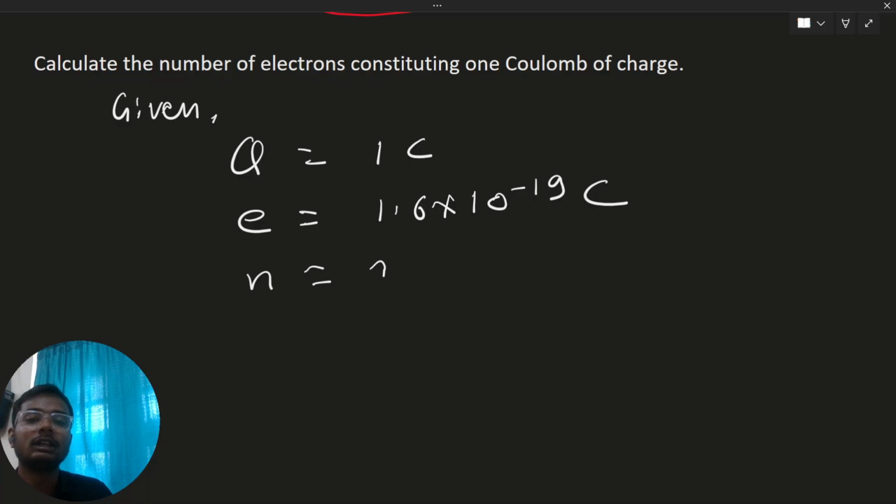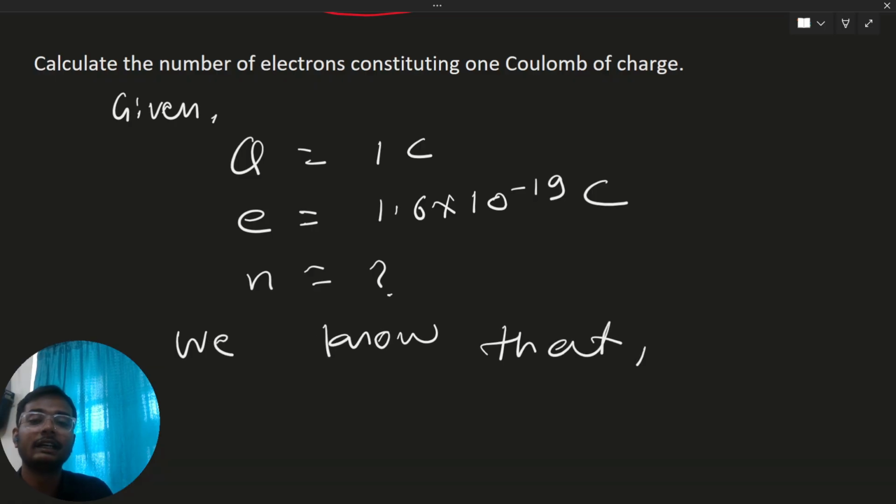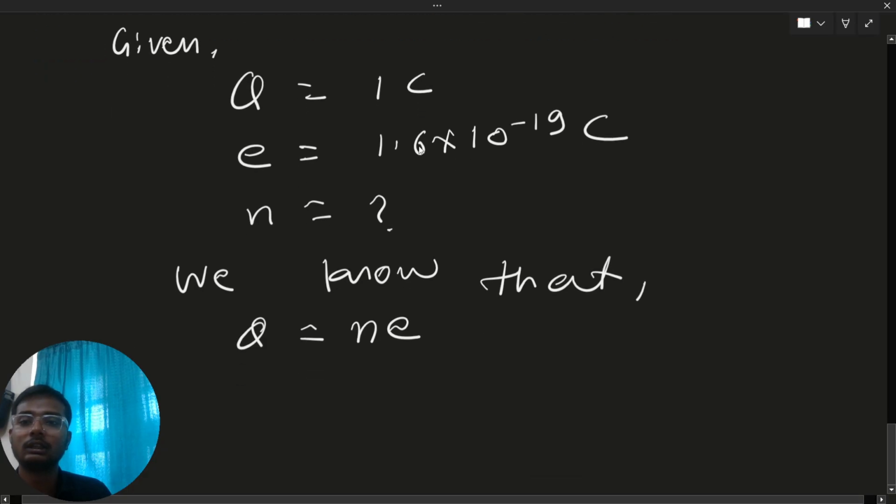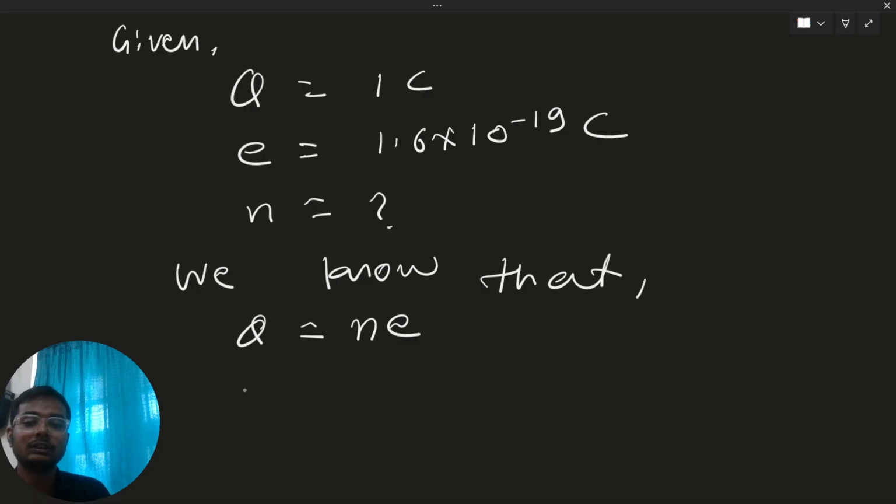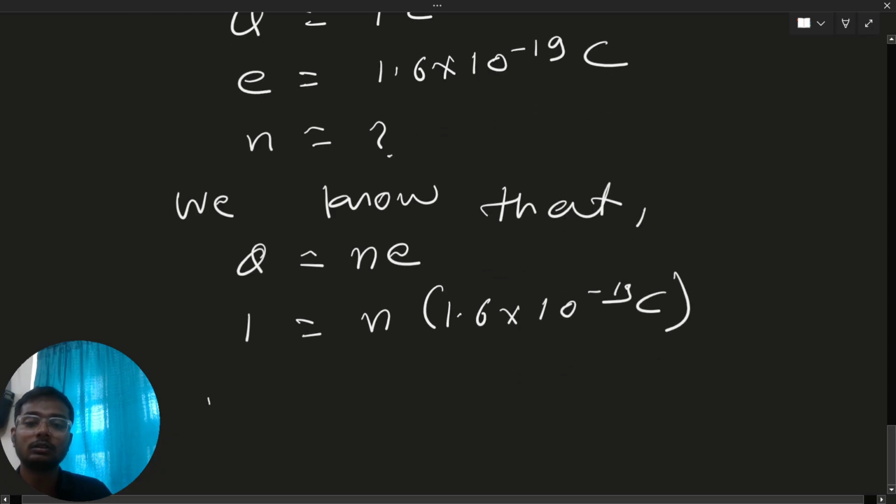We have to find the number of electrons. So we know that Q equals Ne. Now Q is given as 1, and e is 1.6 into 10 to the power minus 19 coulomb. So from here n I get 1 by 1.6 into 10 to the power minus 19.